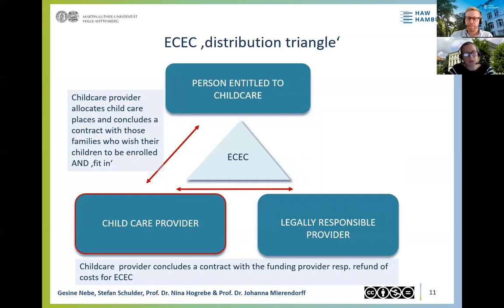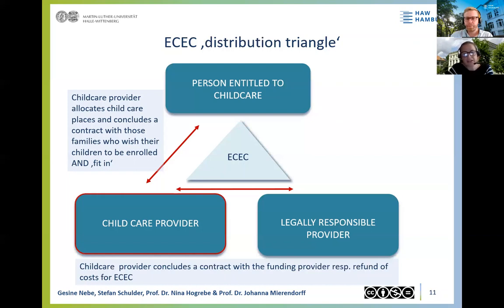Regarding the actual child's daycare and finances, providers inform the funding provider and the legally responsible provider about the contract with the family, as well as about the extent of provision and about any occurring changes.